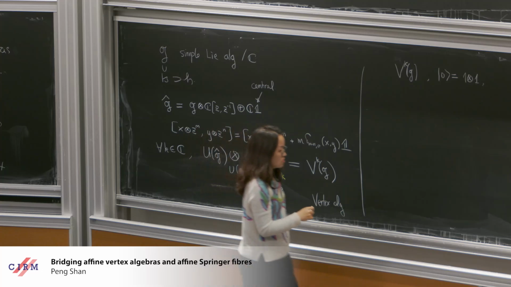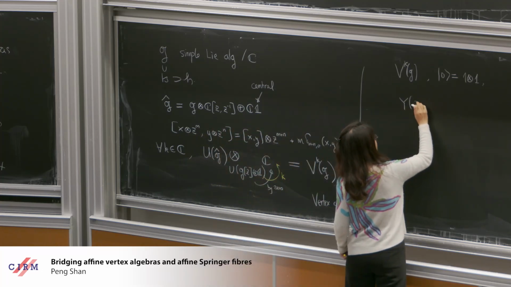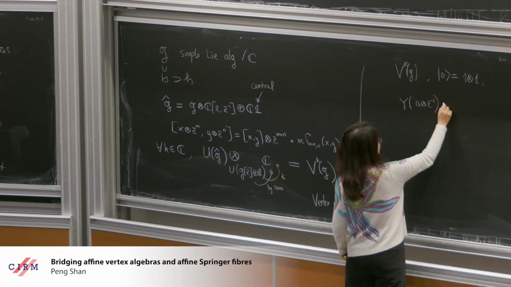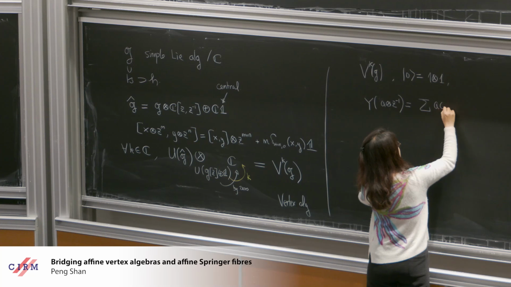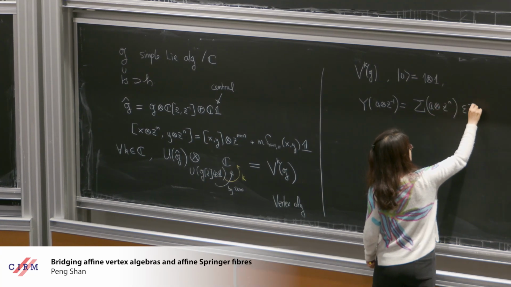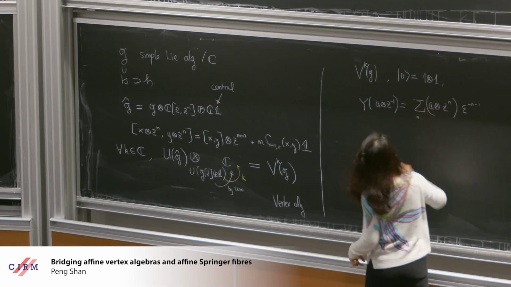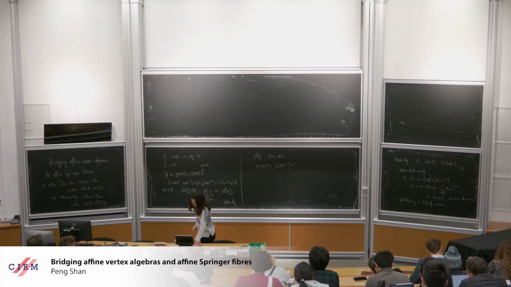So I just need to explain how Y of a vector, let's say A tensor z^(-1), is given by the sum of A tensor z^n epsilon^(-n-1). So this is the structure of a vertex algebra here. It is called the universal affine vertex algebra.